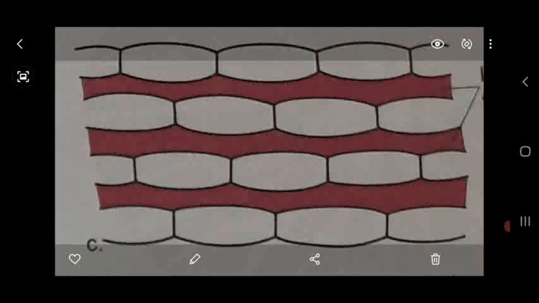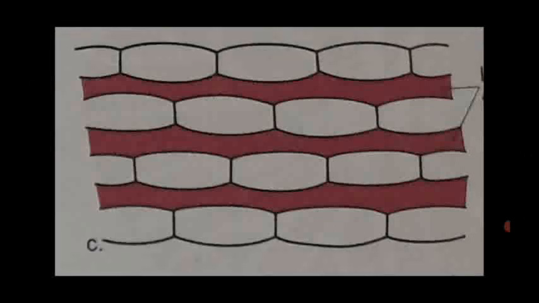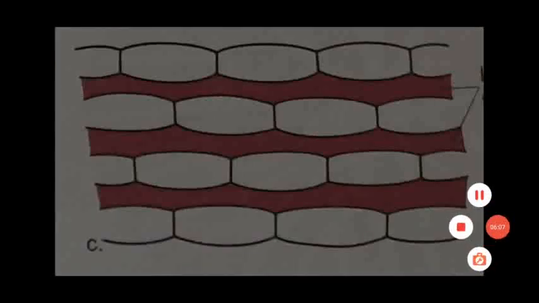The second type, that is the secondary wall thickenings which are present in the intercellular spaces or air spaces, that collenchyma is called lacunar collenchyma. This collenchyma is present below the epidermal region of dicot stem, and that region is called hypodermis.